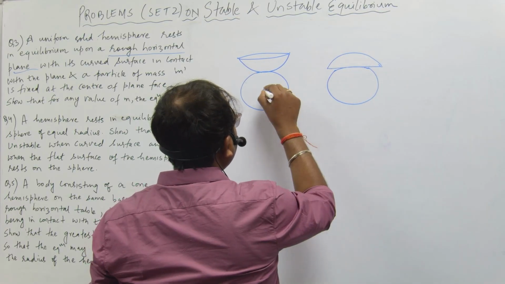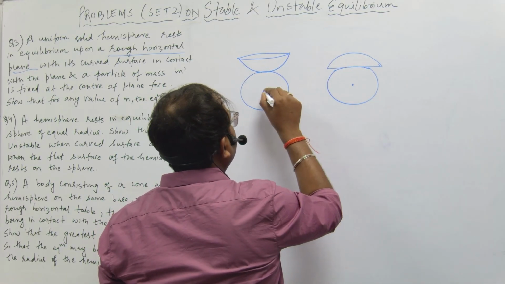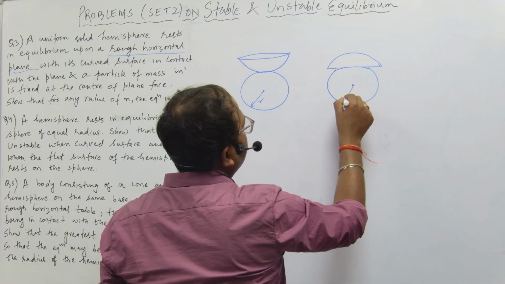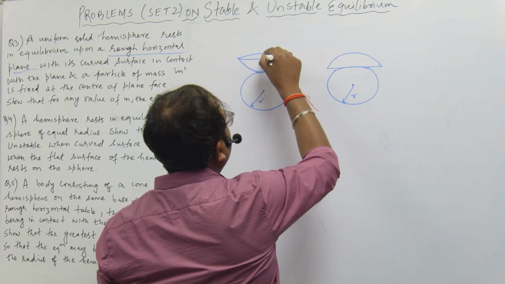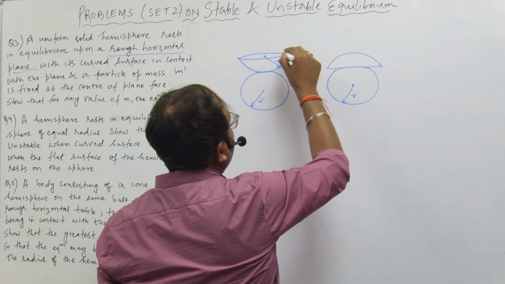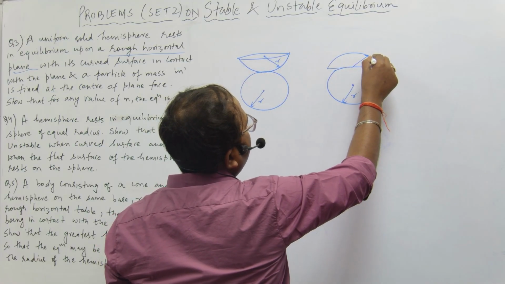Okay, and the radius is equal. So this is a small r, this is also a small r, and the radius of this hemisphere is small r.